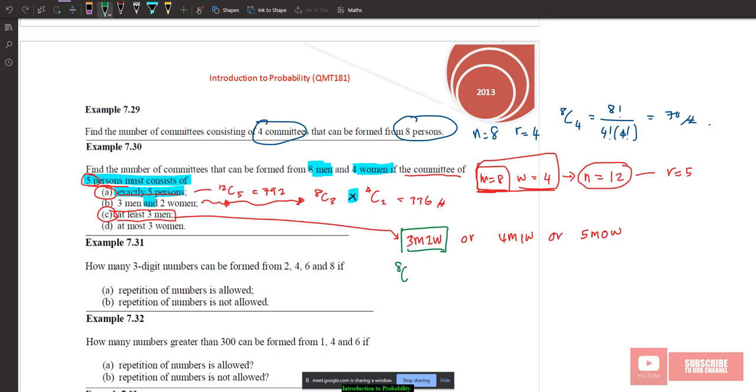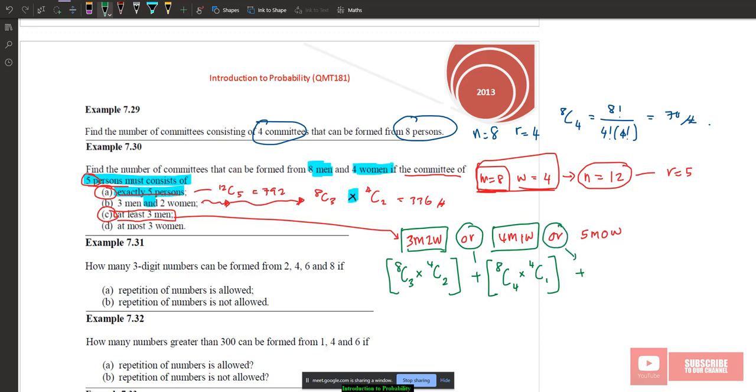So 8 choose 3 multiply with 4 choose 2. So this is the first part, 3 men and 2 women. Or, plus, the second part is 4 men and 1 woman. 8 choose 4 multiply with 1 woman, 4 choose 1. So this is the second part.